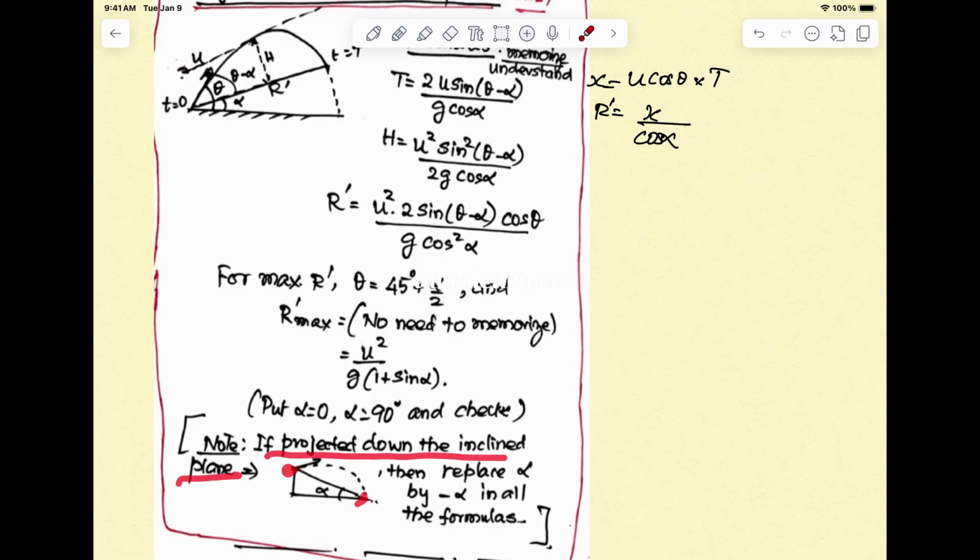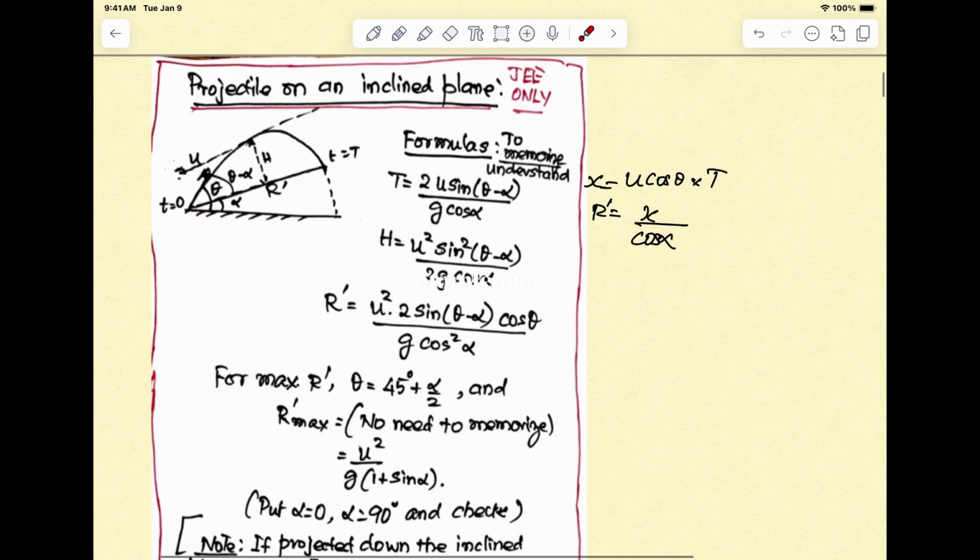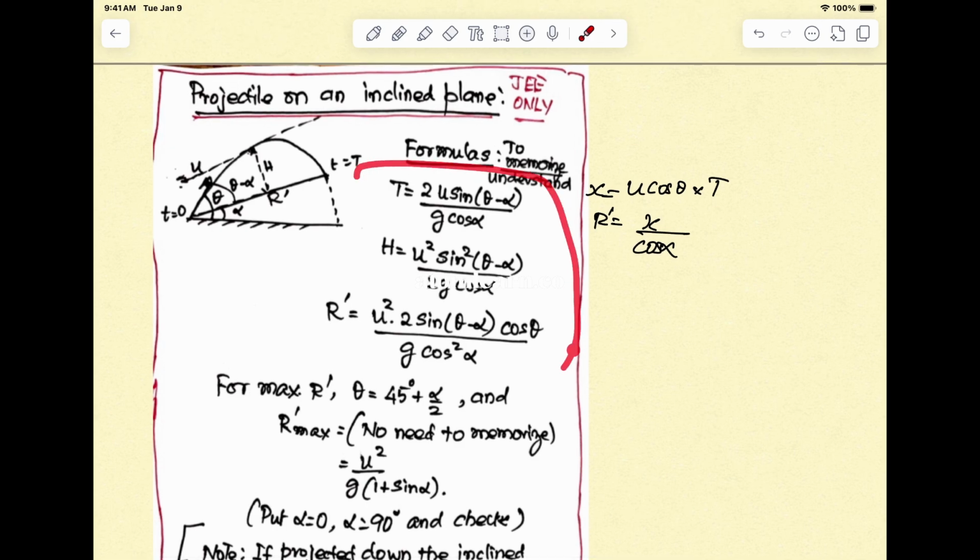You are throwing it from the top like this, and it reaches here. Then what are the formulas for the time of flight T, the maximum height over the plane, as well as the range r dash along the inclined plane? This can be got by simply taking these formulas and substituting minus alpha instead of alpha. That's all the change you need to make.